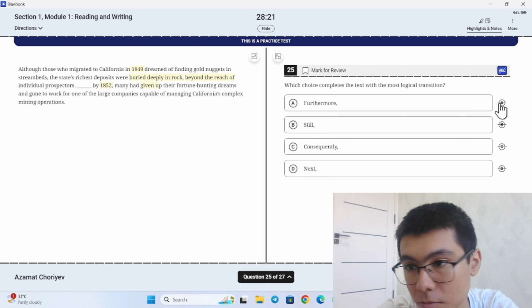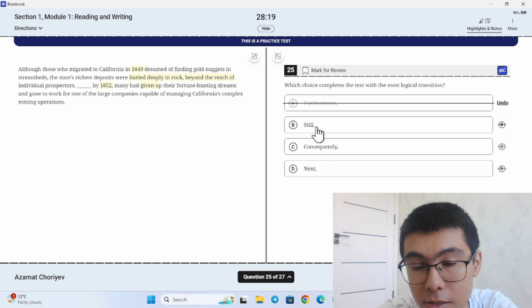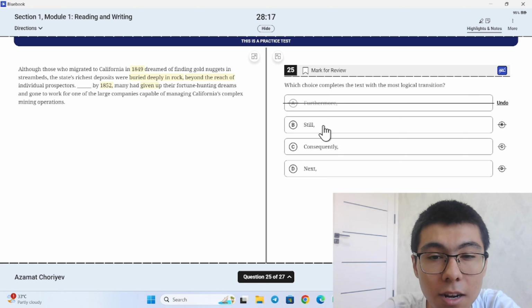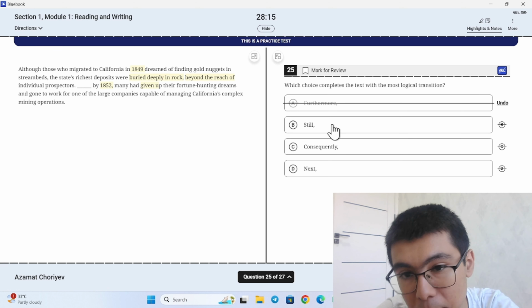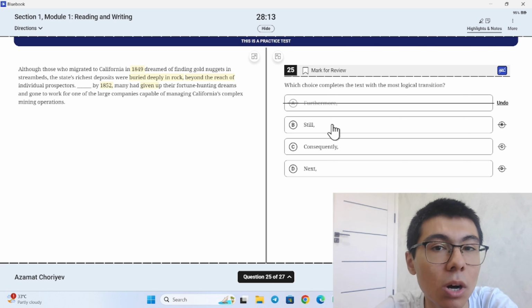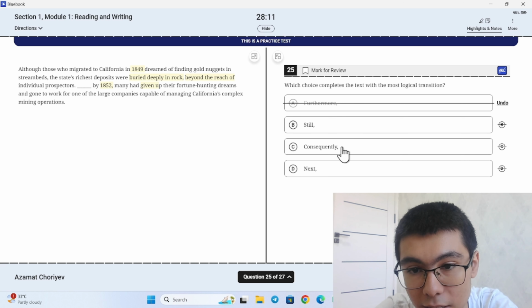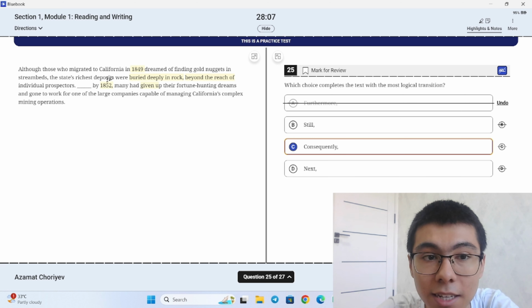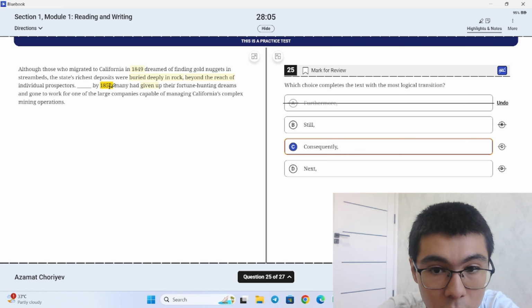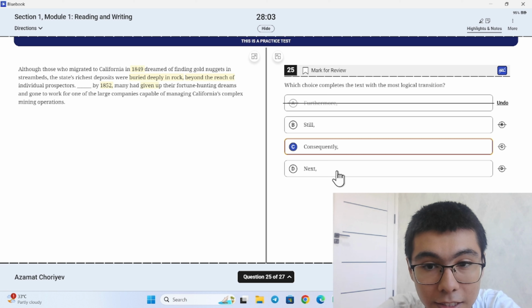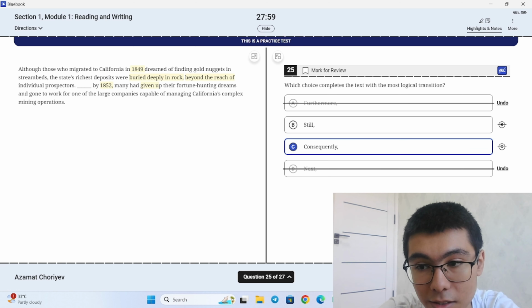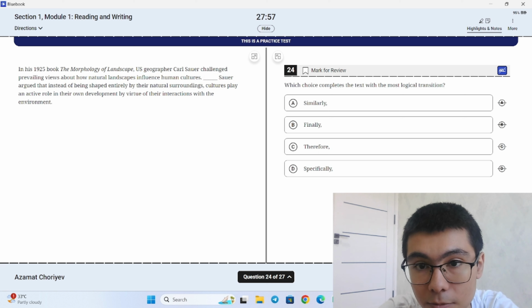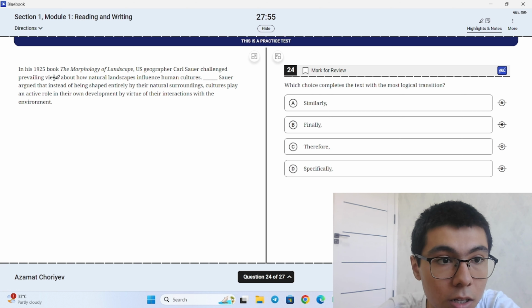Furthermore, no, there's no addition. Still, is there contrast? Maybe, but I really want something about time. Consequently, yeah, there is a sequence of time, 1849 and then 1852. Next doesn't really fit in this case. So C is correct.